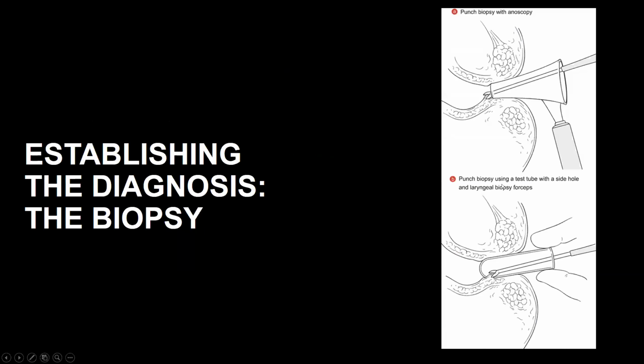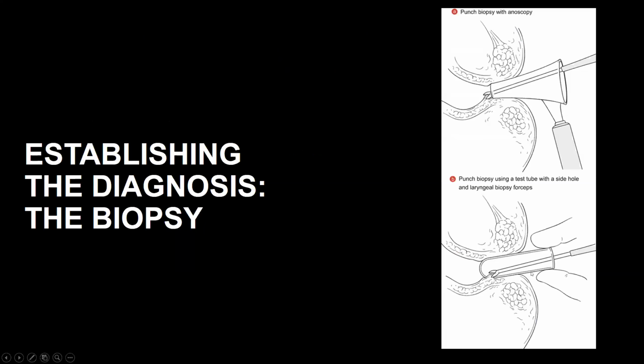So how do we establish the diagnosis of Hirschsprung disease? Well, typically, most people do a biopsy in order to identify an area that might not be innervated. And some people do punch biopsy with anoscopy.